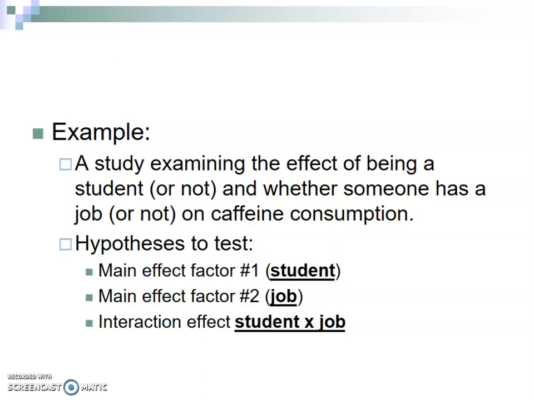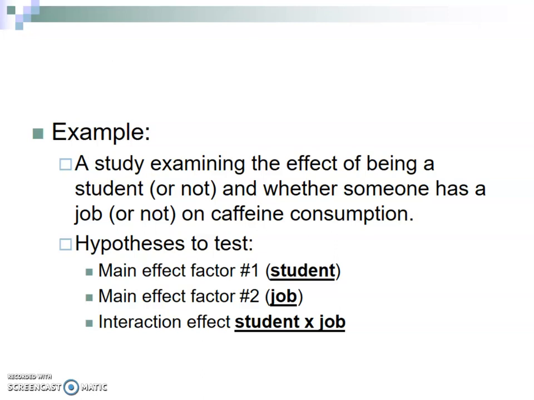So that factor student has 2 levels, so people are either students or they're not. The second hypothesis set that we're going to test is the main effect for the second factor. In this example, our second factor is whether people have a job or not. So that factor of job also has 2 levels where people either have a job or they do not have a job. And the third hypothesis that we're going to test in this example is the interaction between being a student and having a job.